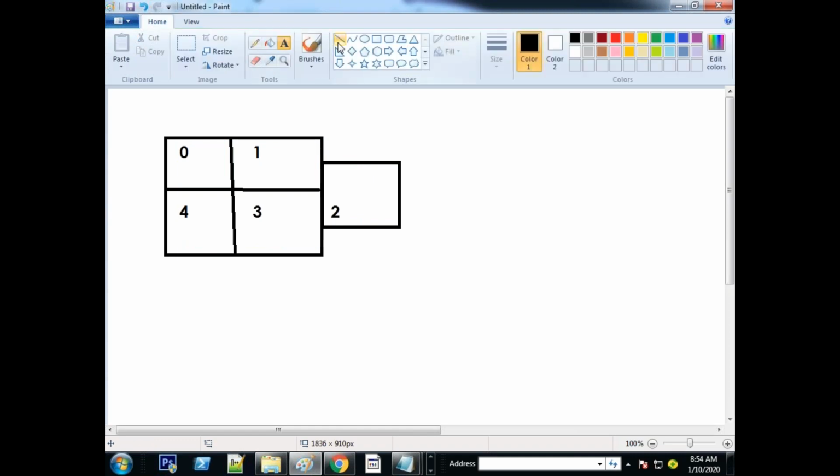Where is there a vacancy? 0 to 4, 1 to 3, 3 to 4 also, 3 to 2 also, 1 to 5, and 4 to 5. These are the vacancies.